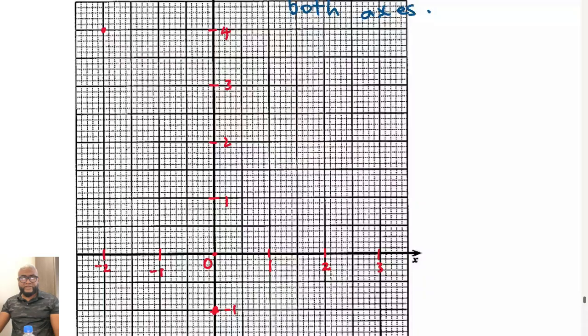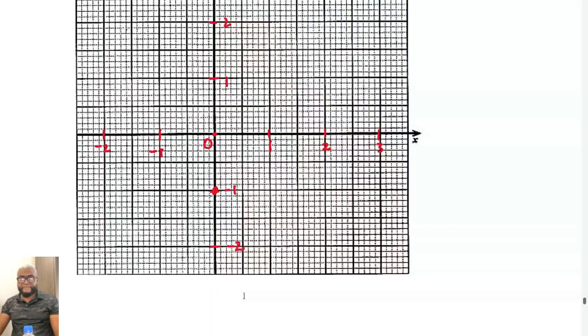Right, so we have -2, 4. That's the first coordinate. Then we have 0, -1. Give me the next coordinate. It's supposed to be written down. Something feeling wrong here. The second coordinate was -1, 0, which is here.